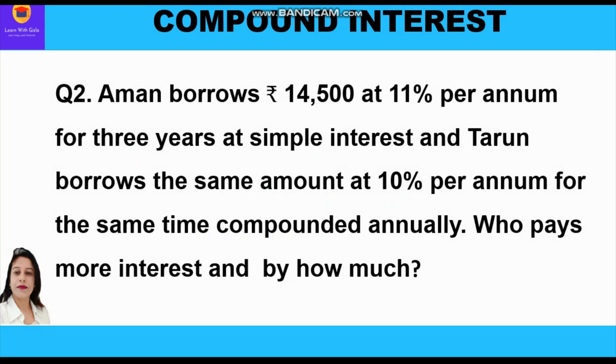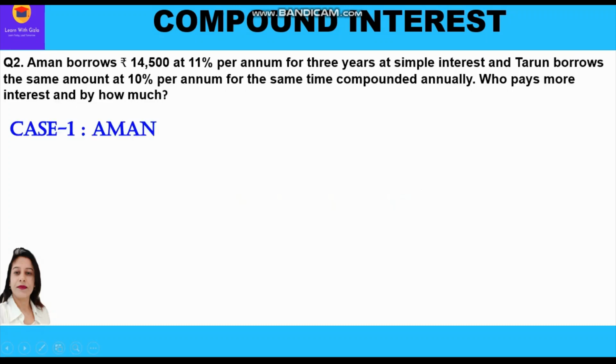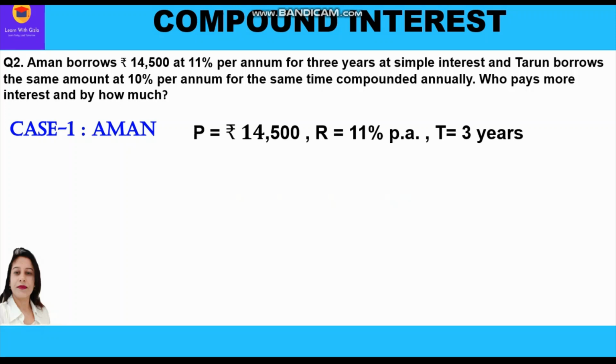First of all, let us take case 1 of Aman. His principal is rupees 14,500, rate of interest is 11% per annum, and time is 3 years. Now we shall apply the formula of simple interest because he has borrowed at simple interest. The simple interest formula is PRT upon 100, where P is the principal, R is the rate of interest, and T is the time period.